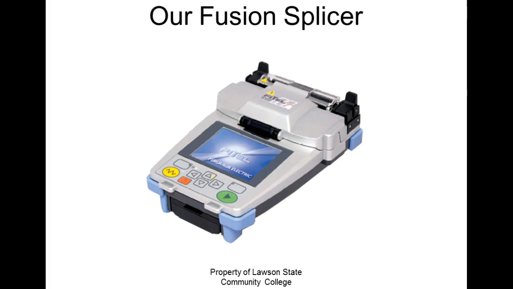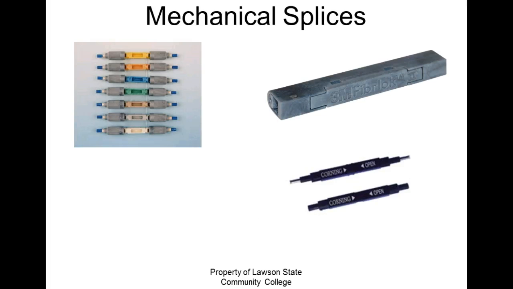So here's our fusion splicer. And these are your ultra splices. This is what we passed around. This is FiberLock. You put this in a little special tool. You strip your fiber to precise lengths, put the fiber in there, and then you push them in until you see a little hump.